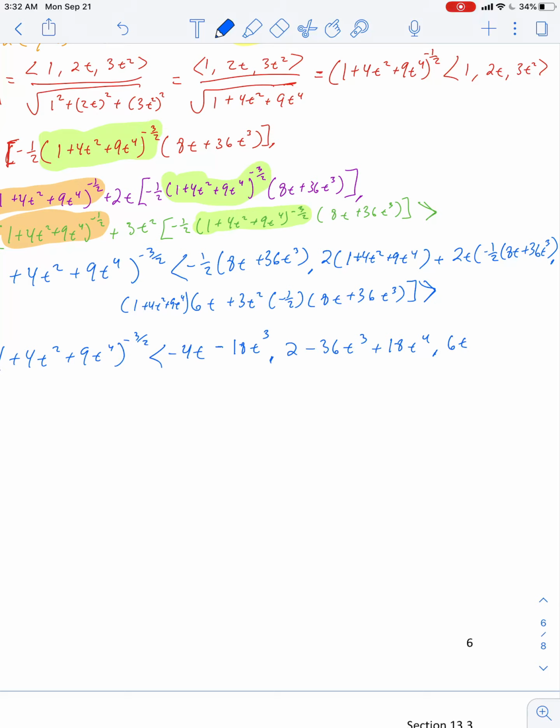Then we have 6t times 4t², so it's going to be 24t³. Do I have any t cubes over here? Yes, 24t³. Negative 4t, negative 12, so plus 12t³. Then 9t⁴: 9 times 6 is 54t⁵, plus 54t⁵.